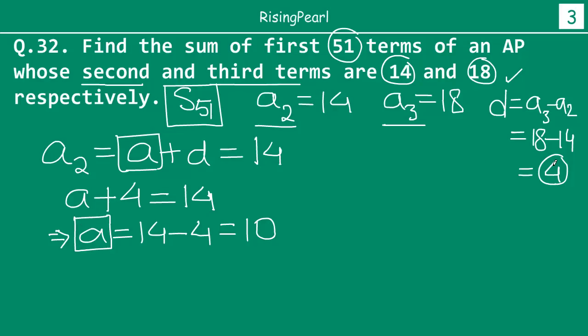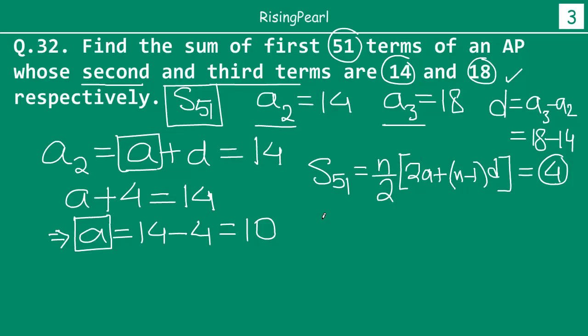So now we know the first term, right? We know the common difference. So what will be S51? S51 will be equal to n by 2 times 2A plus n minus 1 times D, where n is equal to 51.